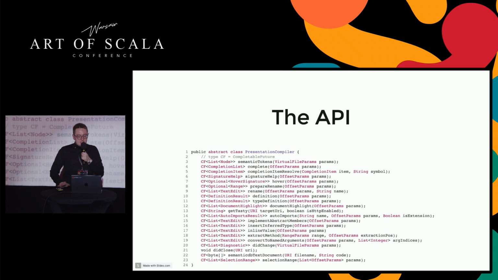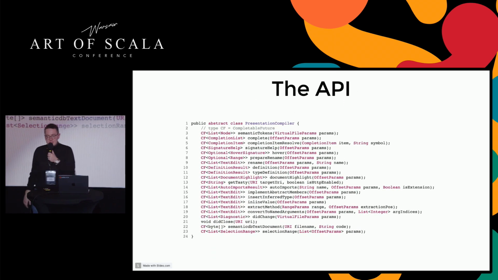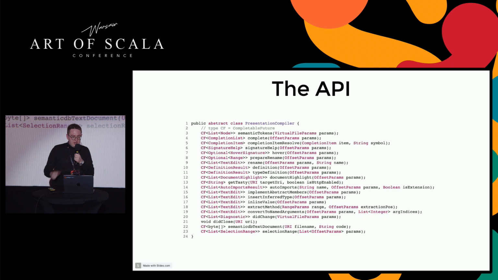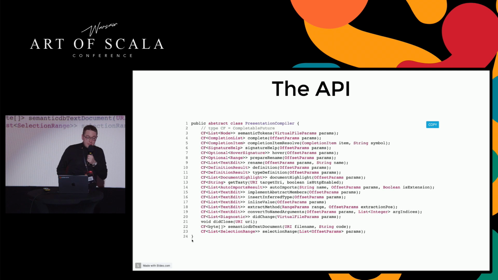So the API basically looks like this. It's a subset of the language server protocol, and it allows various operations: completion, signature help, rename, definition, type definition, extraction of the method, and converting to named arguments. The list can go on. It can be extended, obviously.